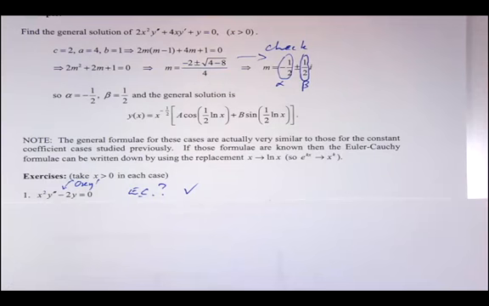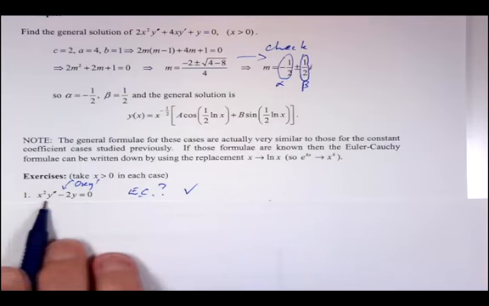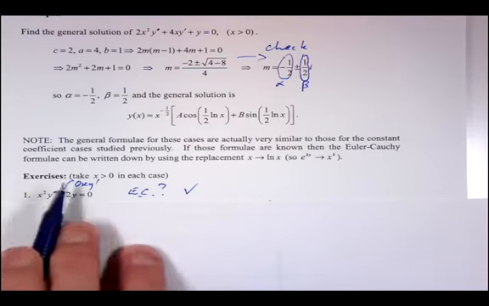So write down the m equation for that. So the m equation will be m times m minus 1 plus 0m minus 2.